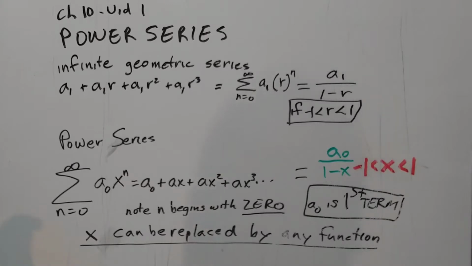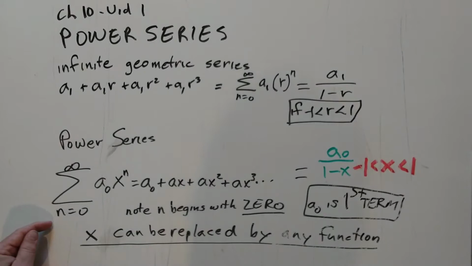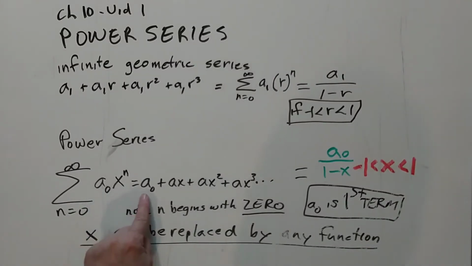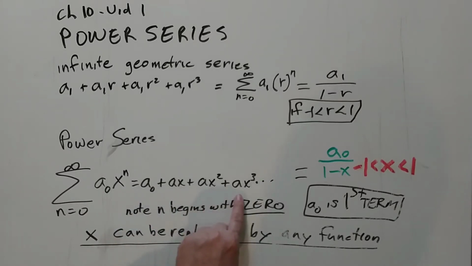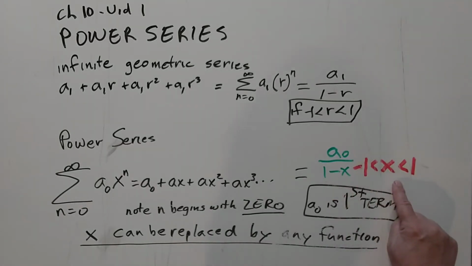This is now going to be rewritten as a power series, n equals 0 to infinity. And notice now we're going to use a sub 0, x to the nth. Notice r becomes x, and this becomes a power series, and that's equal to a sub 0 divided by 1 minus x, as long as x is between 1 and negative 1.